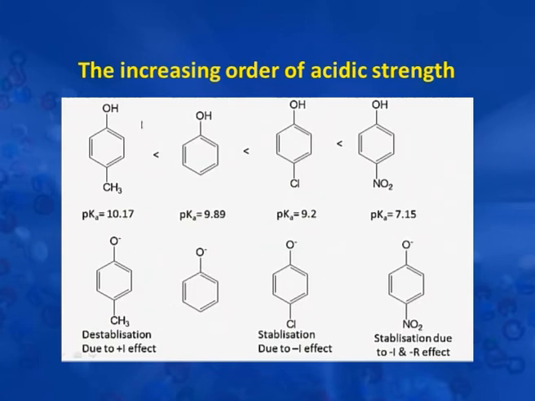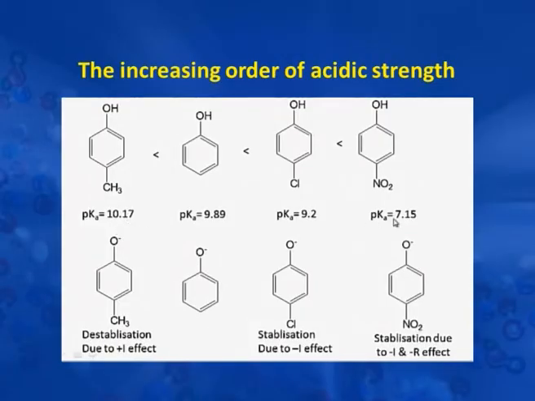That is why the order of acidic strength is that maximum acidity is seen in para-nitrophenol, then para-chlorophenol, then phenol, and then para-cresol. This can be seen in the form of their pK values also. As you can see, the minimum pK value is associated with para-nitrophenol and the maximum with para-cresol. As you have seen, nitrophenol shows the highest acidic character amongst the compounds we have discussed.